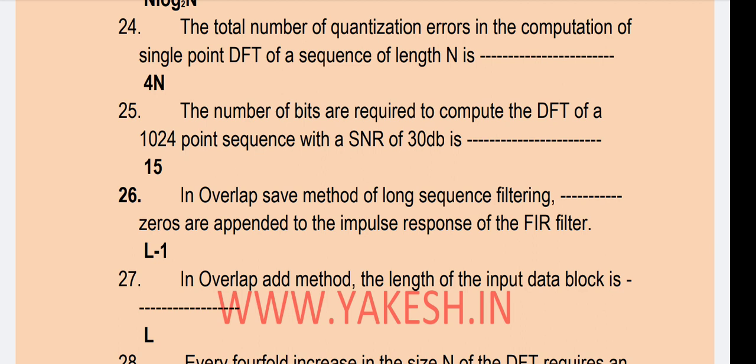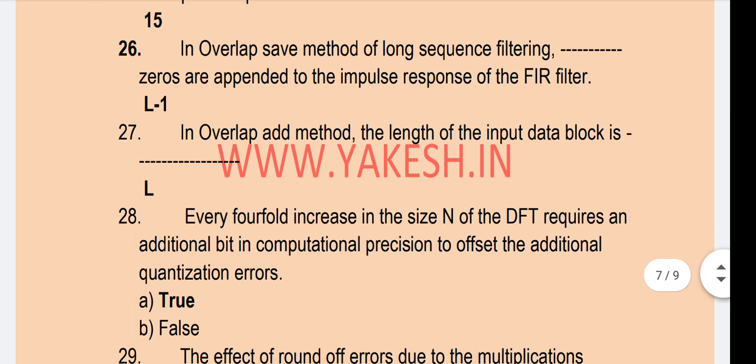The number of bits required to compute the DFT of a point sequence with SNR of 30 decibels is 15. In the overlap save method of sequence filtering, L minus 1 zeros are appended to the impulse response of the FIR filter.